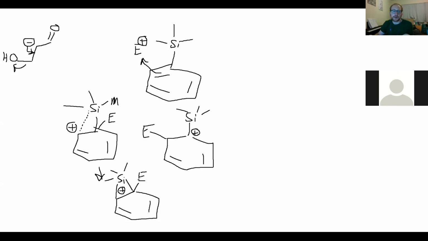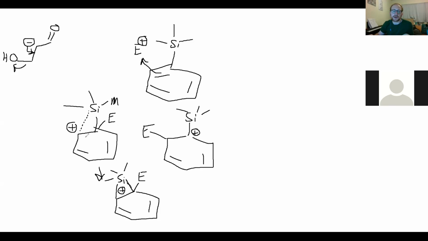You can think about that meaning that both these bonds here are dashed essentially, as in have some amount of non-bonding character. And because of that great stabilization of this beta carbocation, the substitution of the electrophile into the ipso position is preferred.